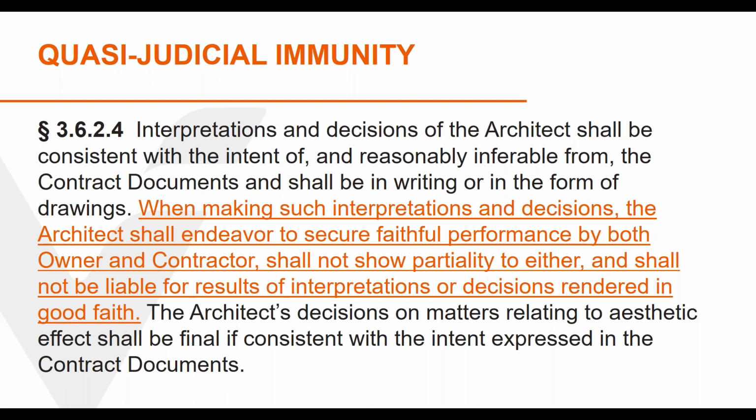But the architect steps out of the role of working on behalf of the client when the effort is to endeavor to secure faithful performance by the parties. So courts have given architects a qualified privilege, a quasi-judicial immunity, when they perform this role of providing interpretations and decisions. This language is meant to keep the project moving, and the architect is given protection for acting in good faith.